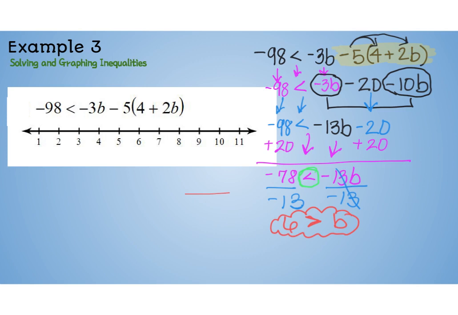But since we're thinking about the solutions for B, I know that my solution set is going to be all values that are less than 6.